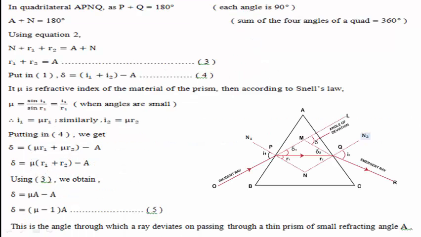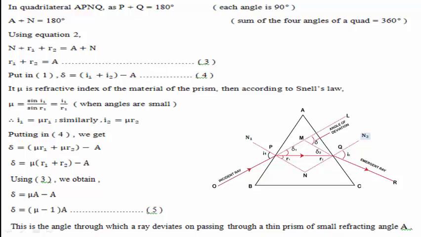In quadrilateral APNQ, angle P plus angle Q is equal to 180 degrees, because angle P and angle Q are each 90 degrees, because N1N is perpendicular to the surface AB, which makes an angle of 90 degrees, and N2 is perpendicular to the surface AC, which also makes an angle of 90 degrees with Q. A plus N is equal to 180 degrees, because the sum of the four angles of a quadrilateral is equal to 360 degrees.